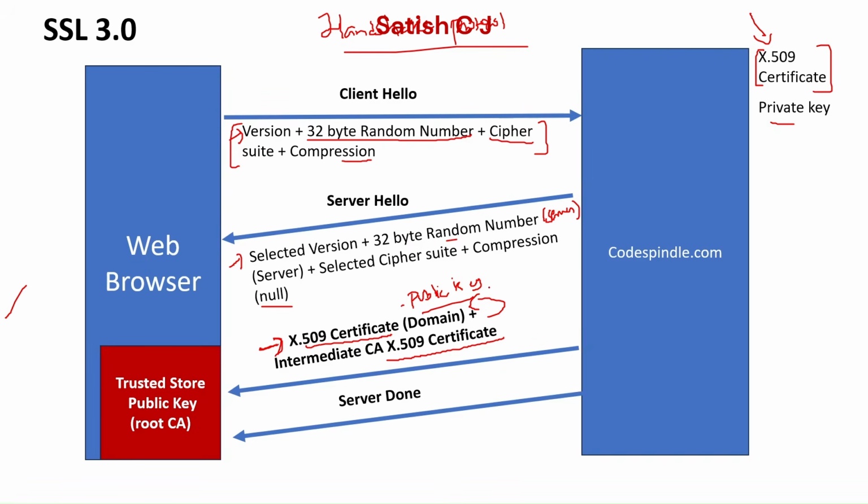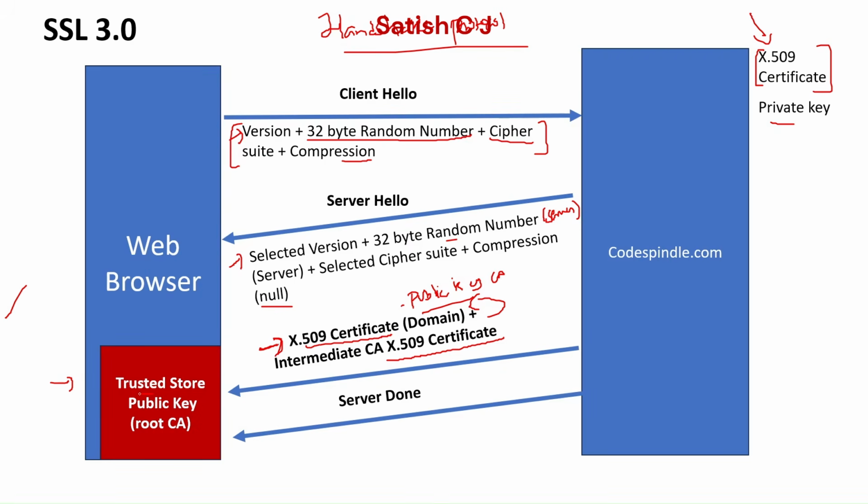It will use the public key of the CA to verify the x.509 certificate, because this x.509 domain certificate contains a signature created using the private key of the CA. So the client, the web browser, uses the public key of the CA to verify this domain's x.509 certificate.